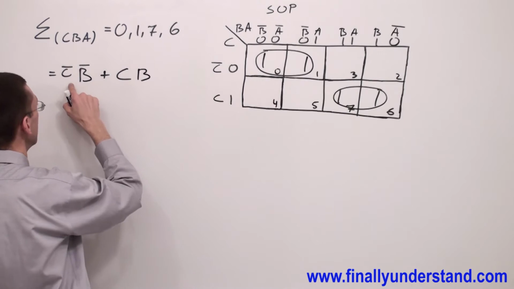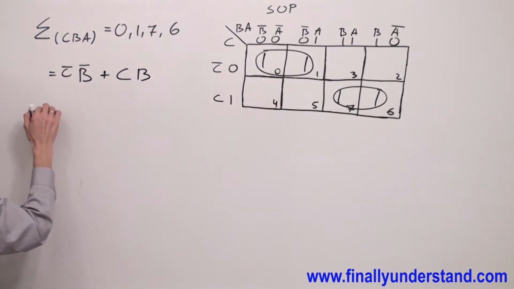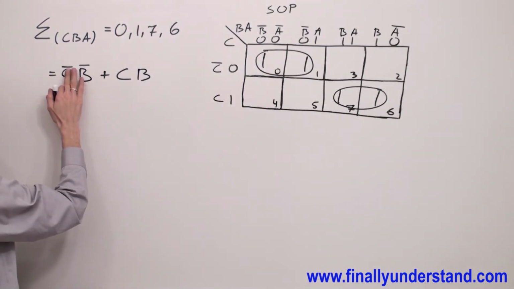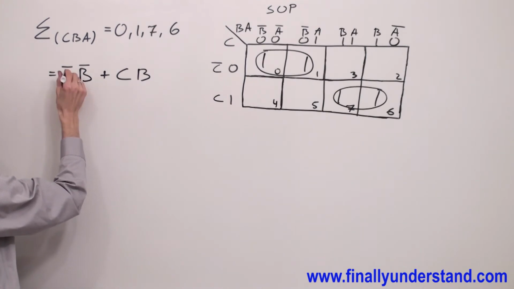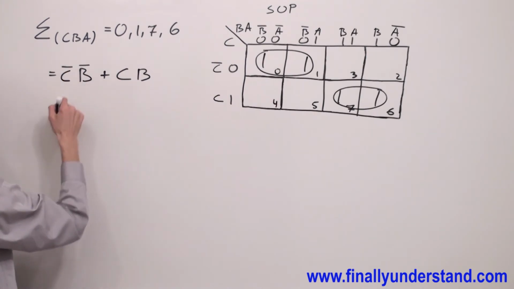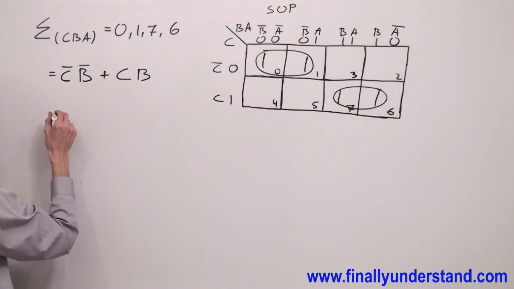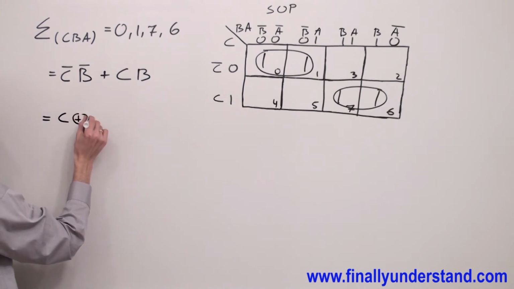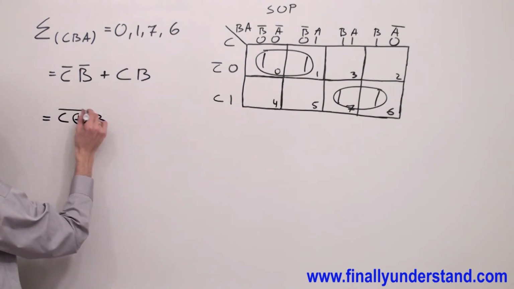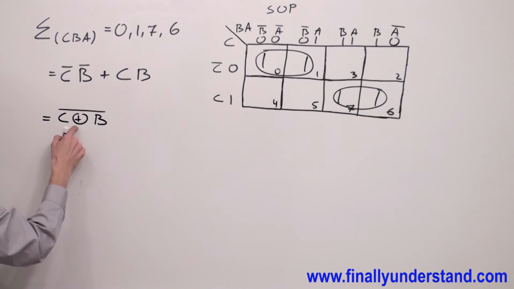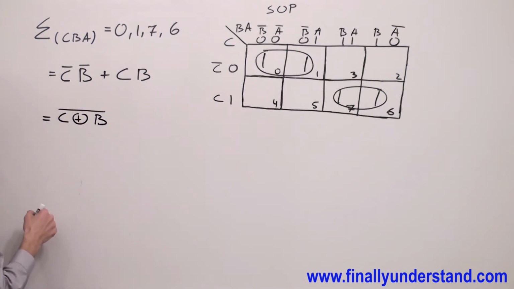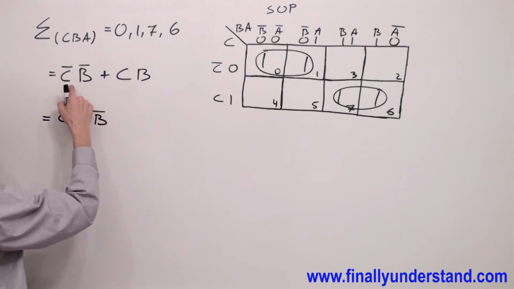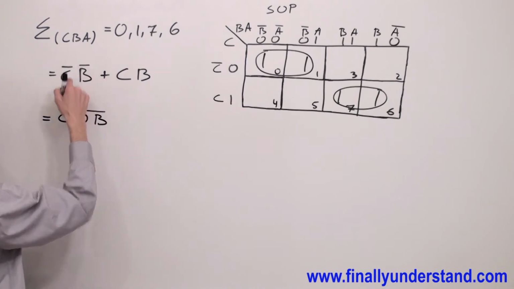As you can see, this is nothing else, just the exclusive NOR. I have C exclusive NOR B. This is the simplest form of my function, because the original function would contain 5 gates.